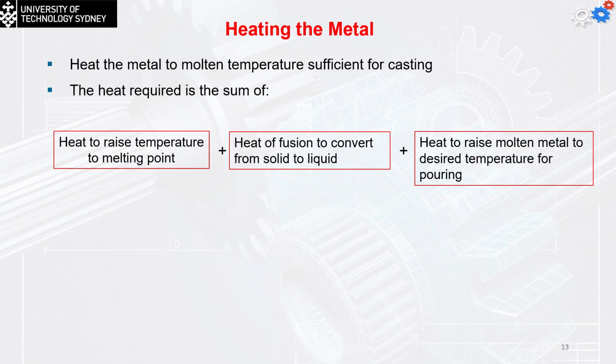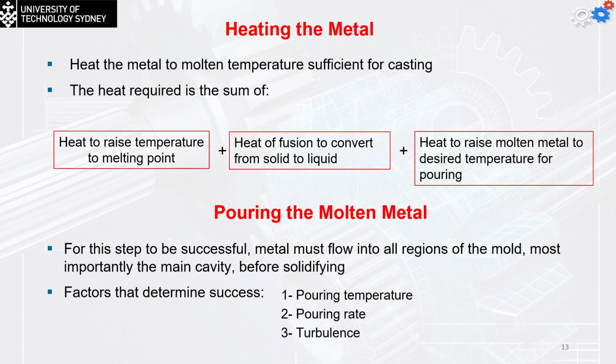So we need to add an extra heat, which is called the heat of fusion, that converts it from solid state to liquid state. And then we're going to add more heat to raise the molten metal to the desired temperature for the pouring, which is going to be a temperature higher than the melting temperature. The pouring temperature is the temperature that causes the metal to be more fluid in order to be poured and fill the cavities before we're going to have any pre-freezing for it.